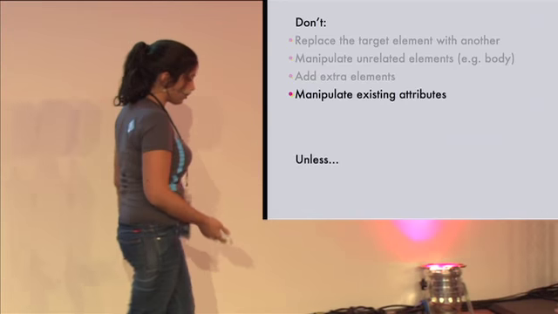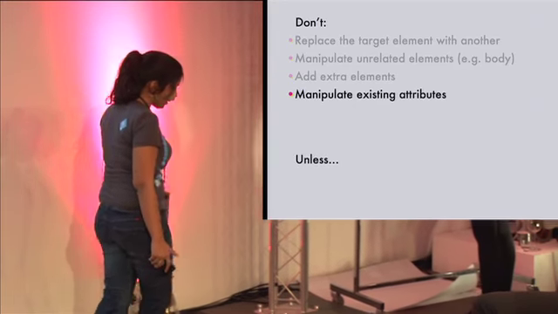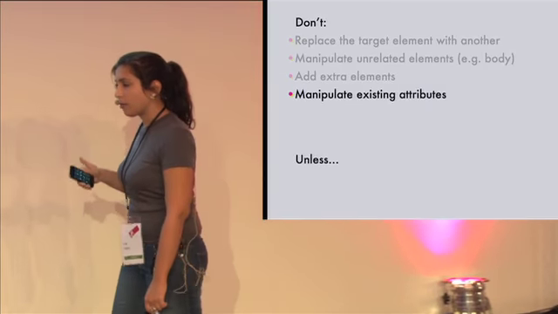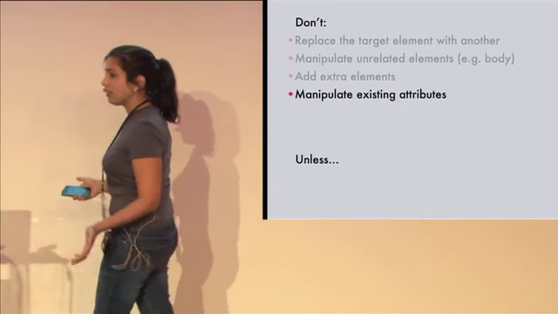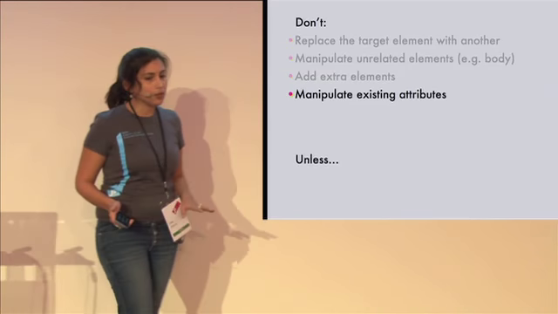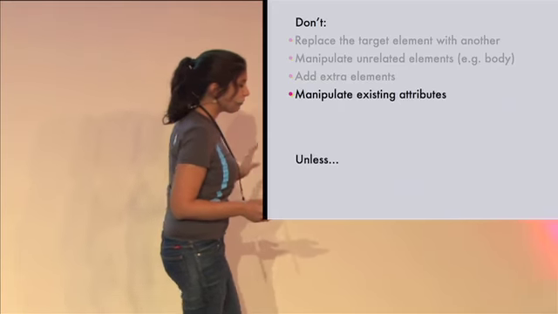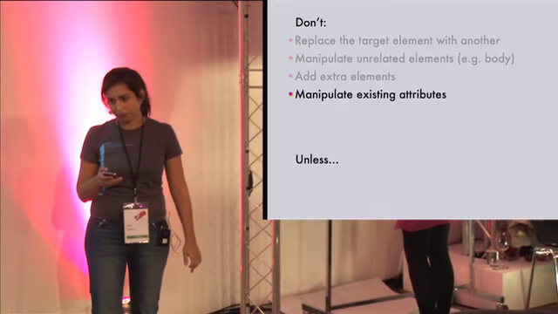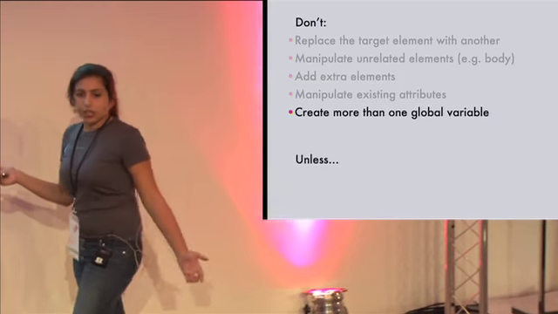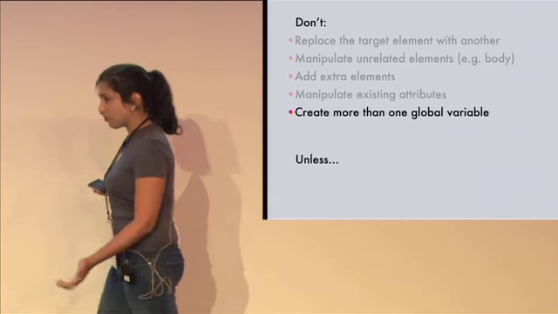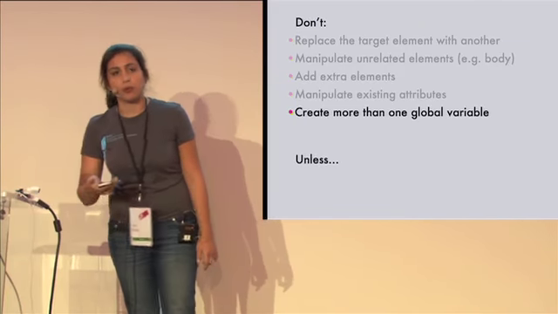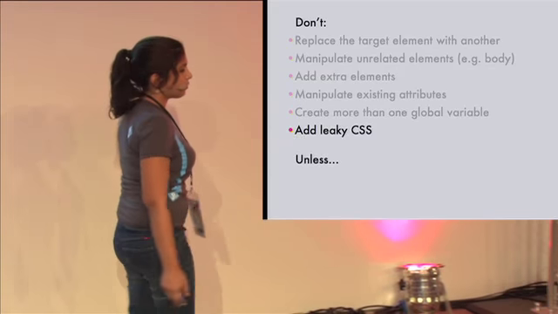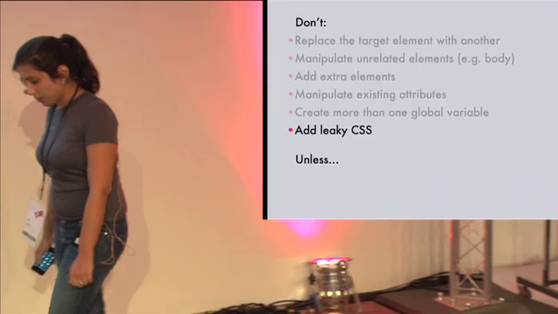Also, manipulating existing attributes is sometimes the only way, but try to avoid that too. Like, for example, going through the elements you care about and changing their IDs or adding IDs or stuff like that. So you have to do it sometimes, but it breaks expectations for the host document, so try to avoid it. I guess I don't need to tell you that you should try not to pollute the global namespace. You probably already know it, but I had to add it. And also, that's quite obvious too, but sometimes it breaks.